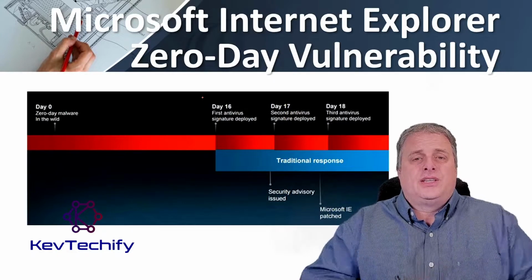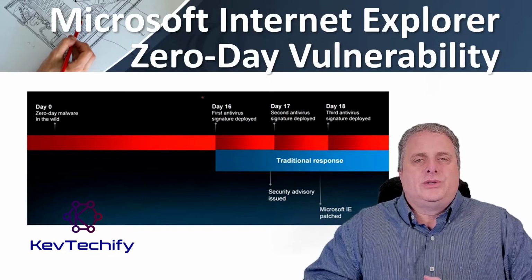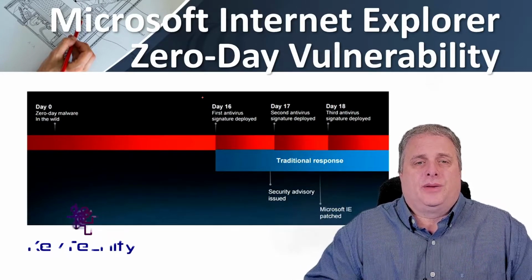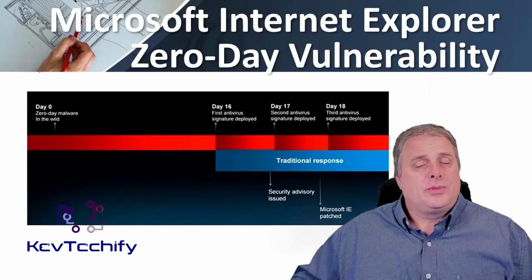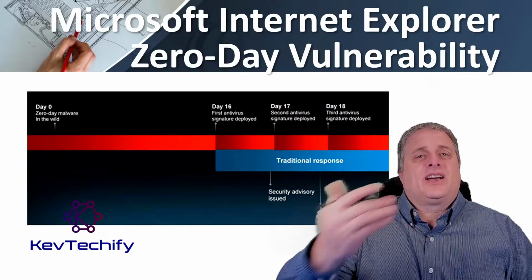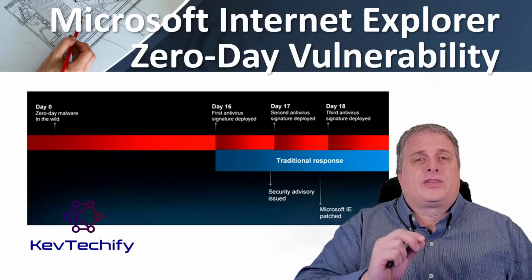Zero-day vulnerabilities can cause lots of havoc. Here's a little timeline that was used for a Microsoft Internet Explorer zero-day vulnerability. As you can see right here, the vulnerability was discovered by a threat actor. They figured out how to exploit it, and then they created some malware to do that exploitation.